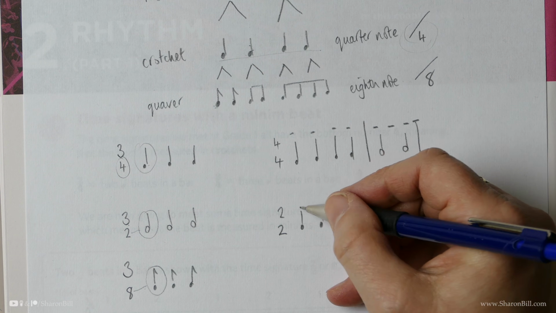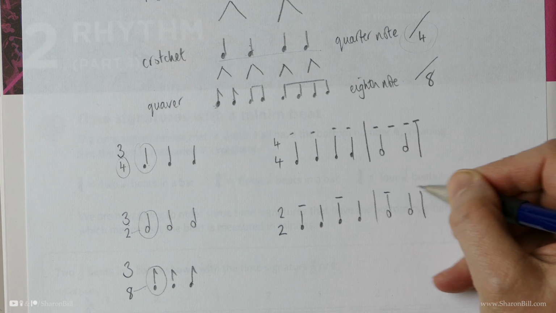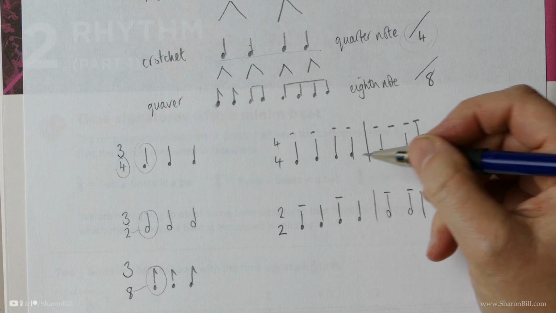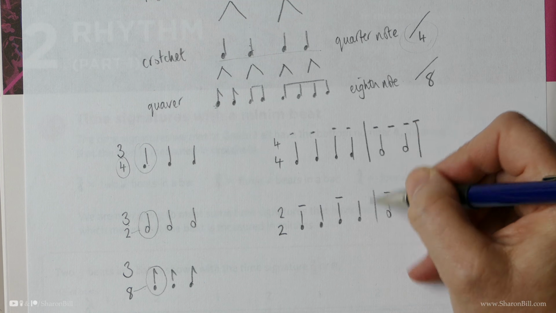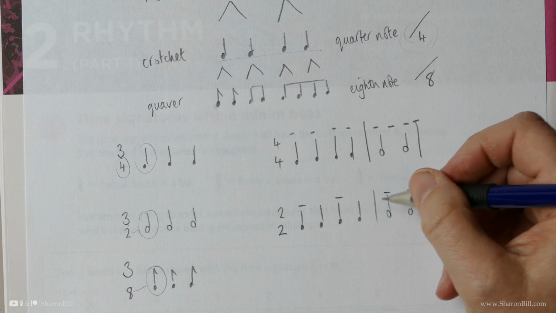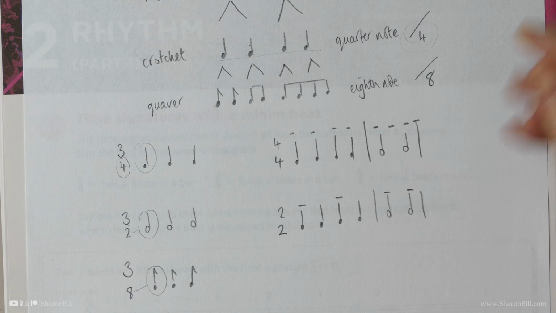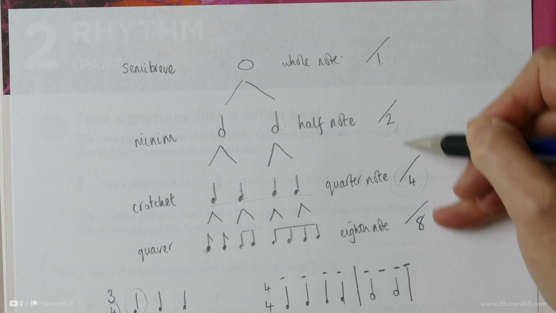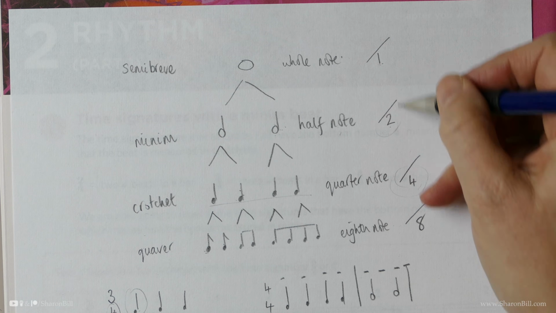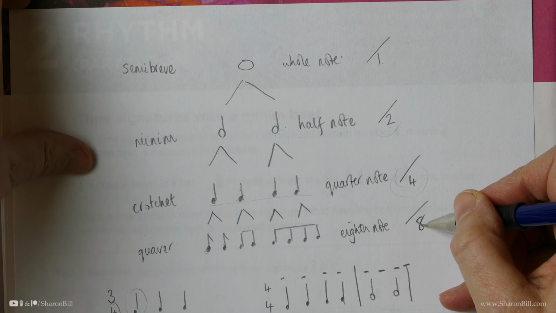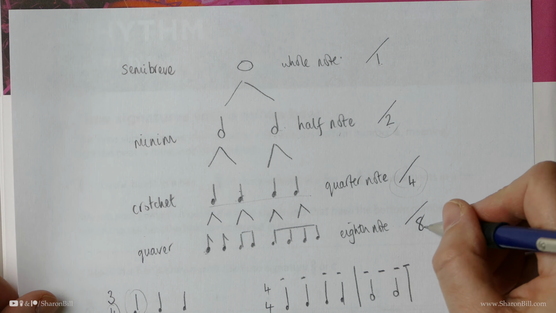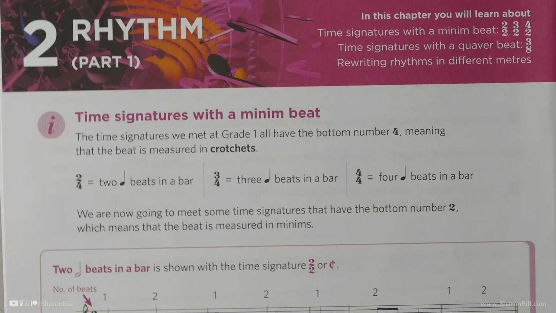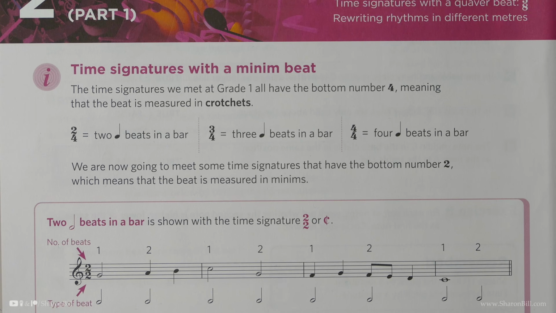Whereas here we're counting 1, 2, 1, 2. The emphasis has changed. Musically speaking, there is a subtle difference, even though mathematically it's exactly the same. And so I just thought it's well worth taking a moment to explain how these bottom numbers work, and then it's much easier to understand rather than just remembering it because we're told to remember it. And so now we are more than prepared to look at what happens on page 6.